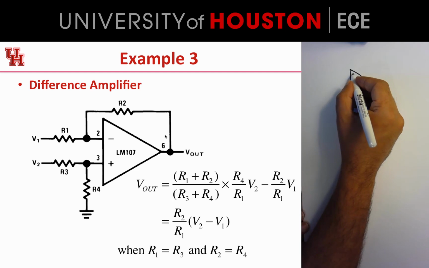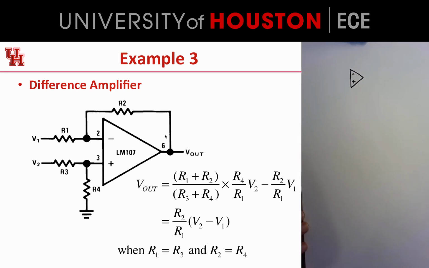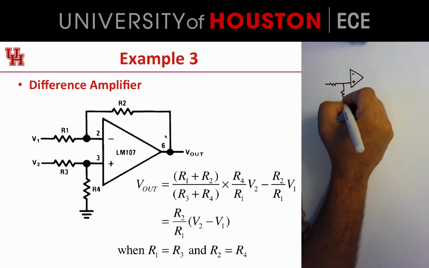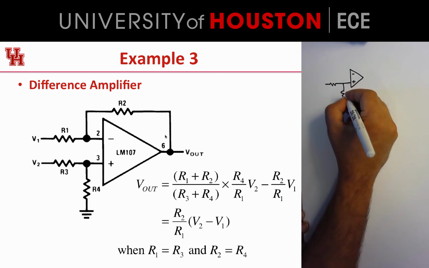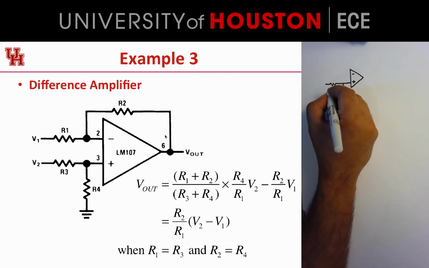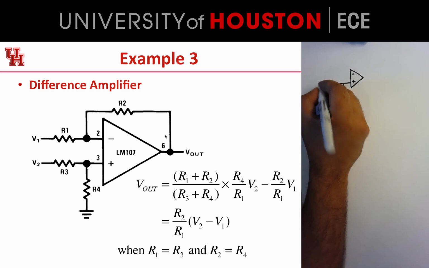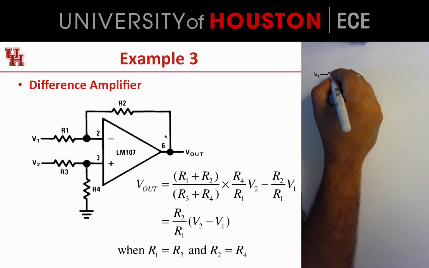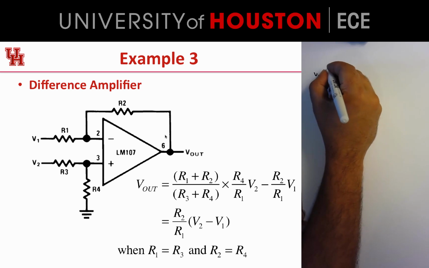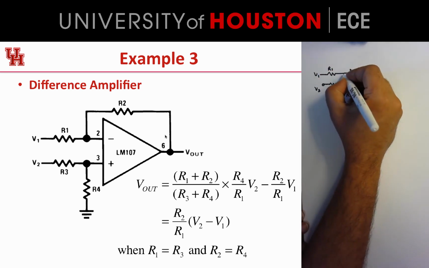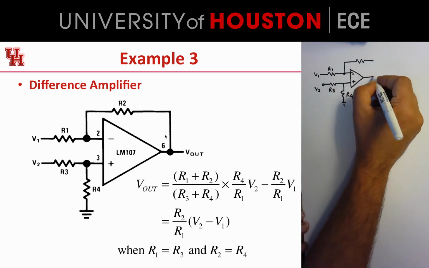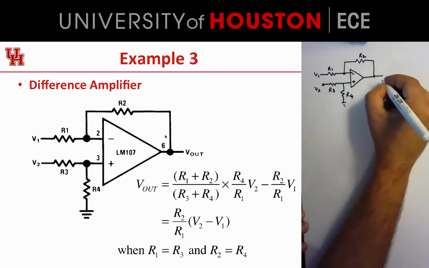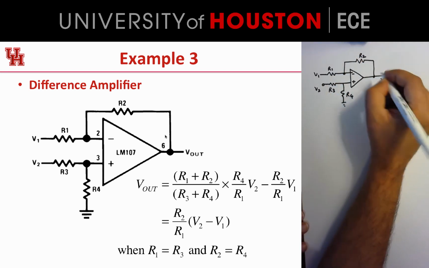This time let me draw the minus on top and the plus at the bottom, just because of the way the circuit is drawn on your screen. This is R4, this is R3, this input is V2, this input is V1, this is R1, this is R2, and this is V output.